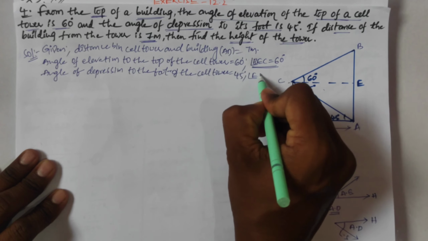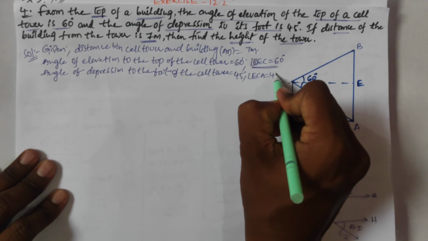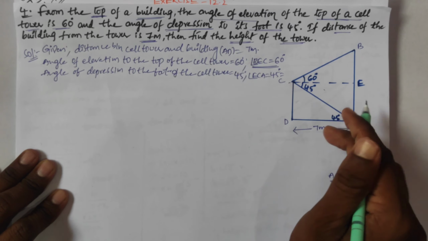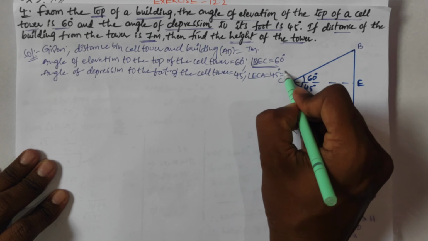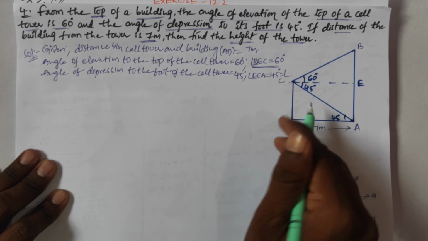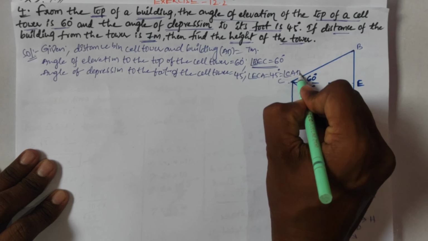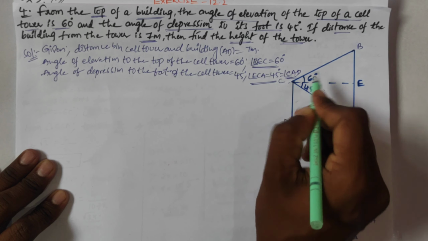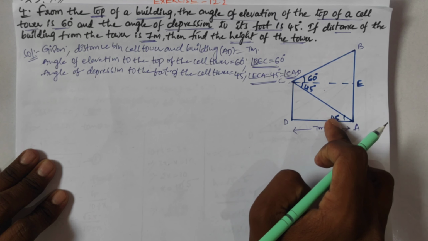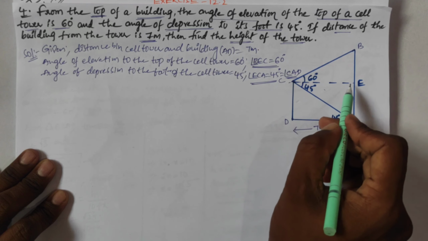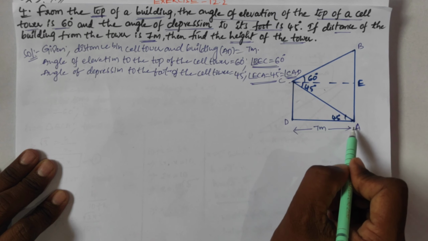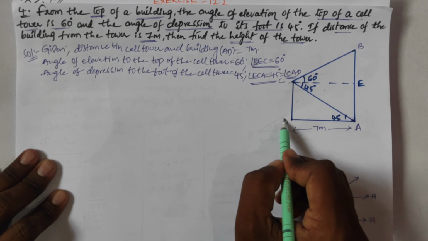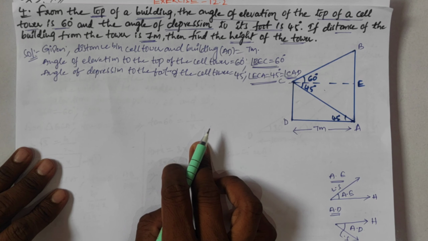Angle ECA is equal to 45 degrees, and it is also equal to angle CAD, because these two are called alternate interior angles. Nothing but we can say angle ECA is equal to angle CAD is equal to 45 degrees.